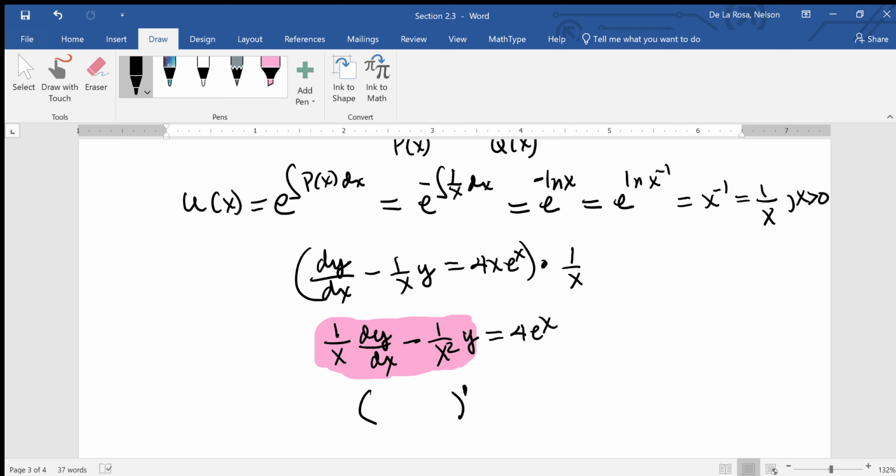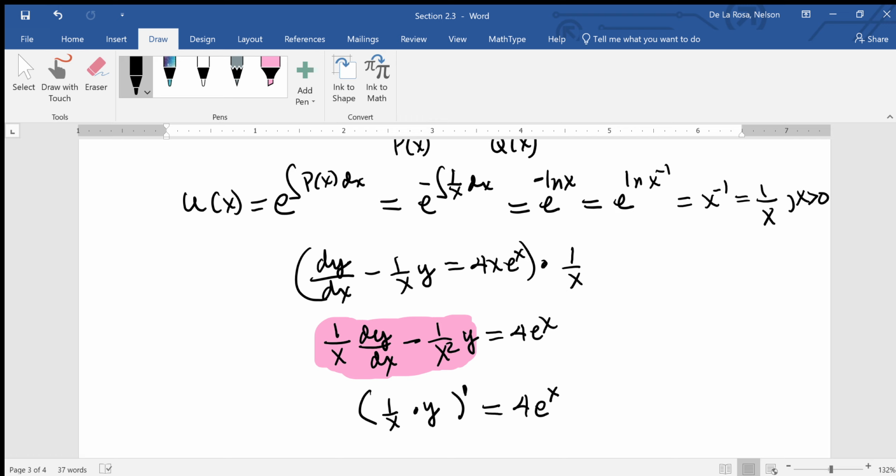The product is going to be the integrating factor and y. So it's going to be 1 over x times y, or y times 1 over x, it is the same thing, equals 4e to the x.